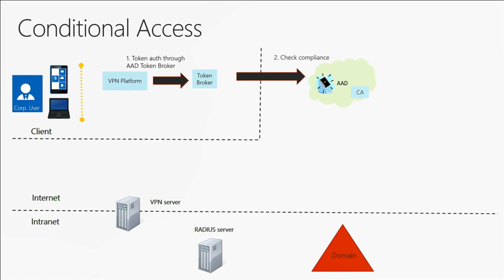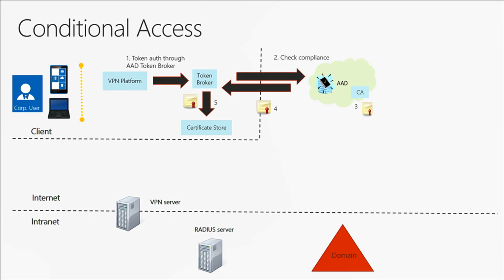AAD then looks at the device object to see if the device is compliant to policy or not. If it is compliant to policy, the certificate authority within AAD, which is a tenant-specific CA, will issue a short-lived client certificate, which has a validity of about 60 minutes. This certificate will then travel its way back and get installed into the user certificate store.